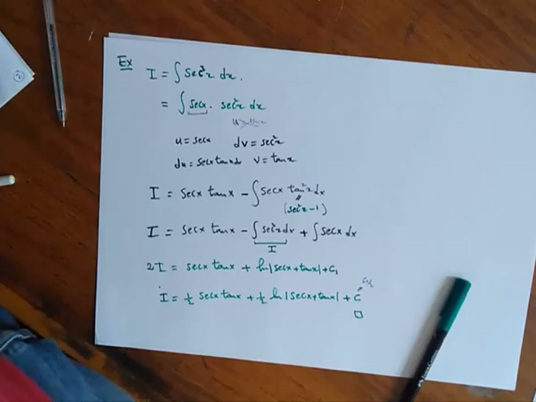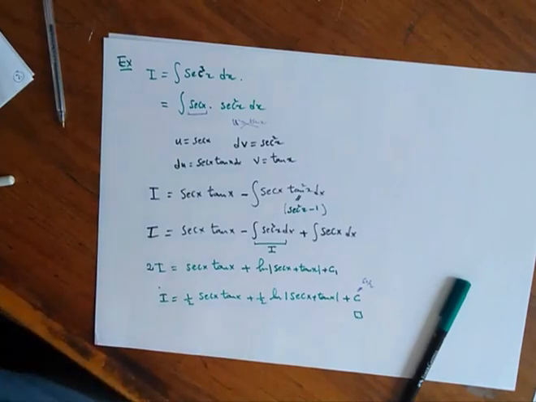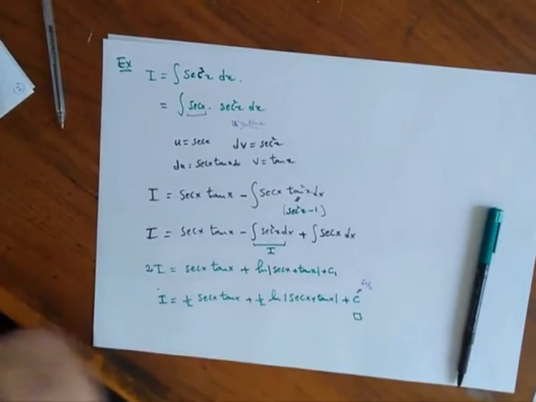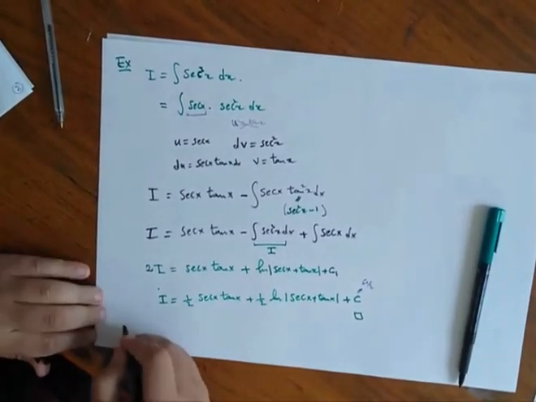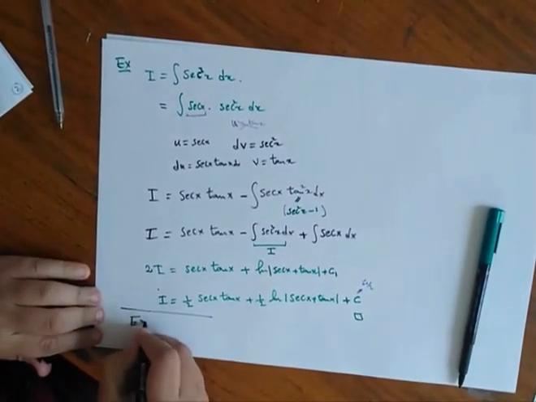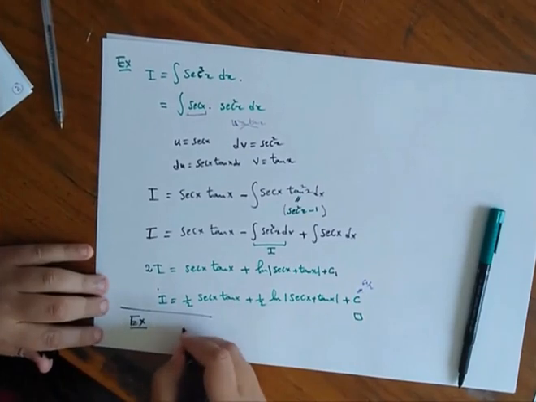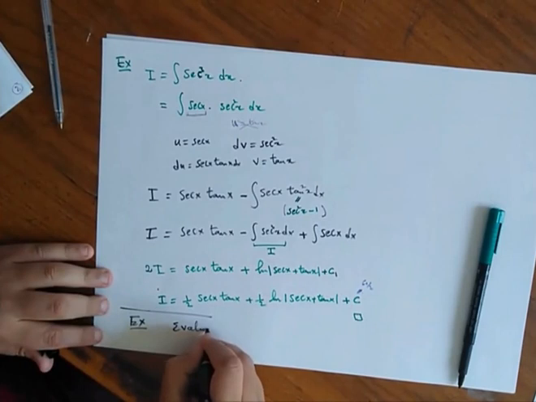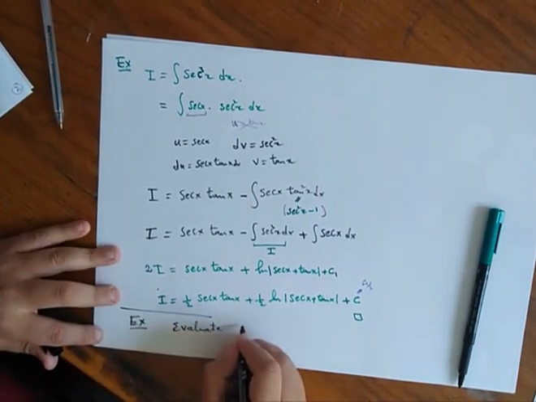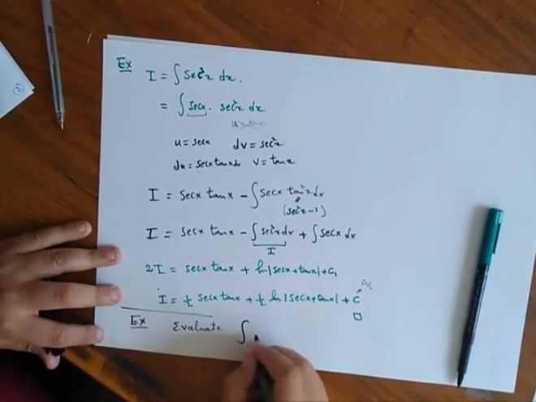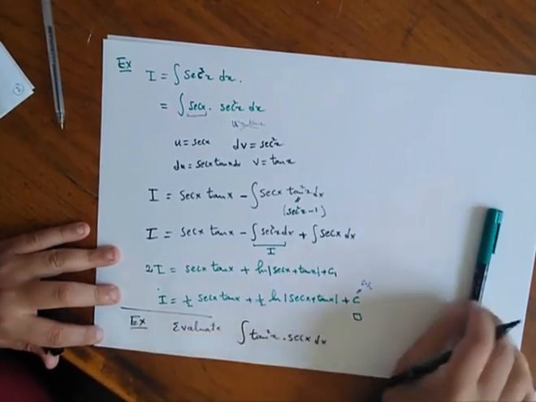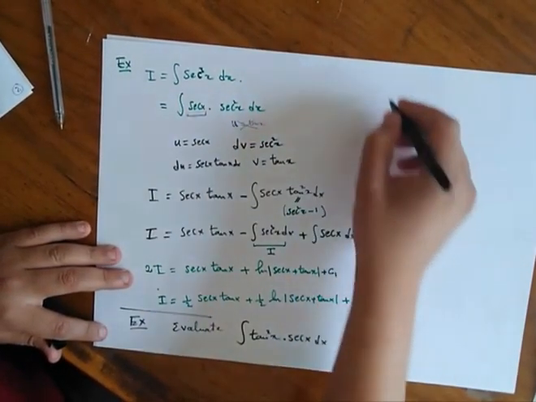We are done with this example. I will leave another example as an exercise for you: try to evaluate the integral of tan square x times secant x dx.